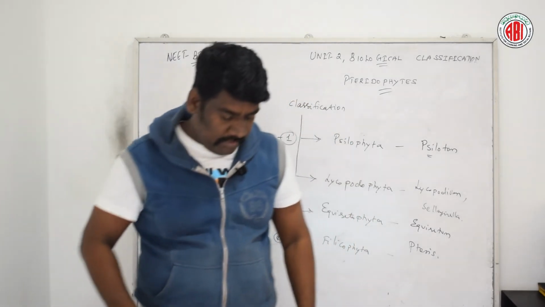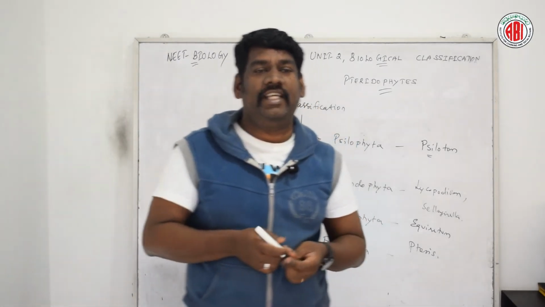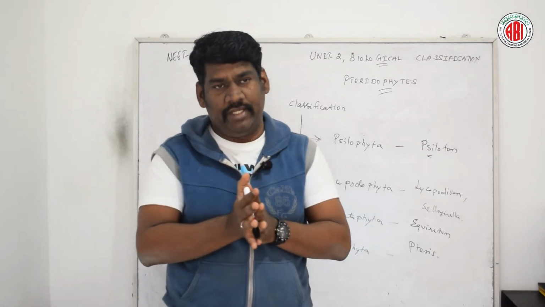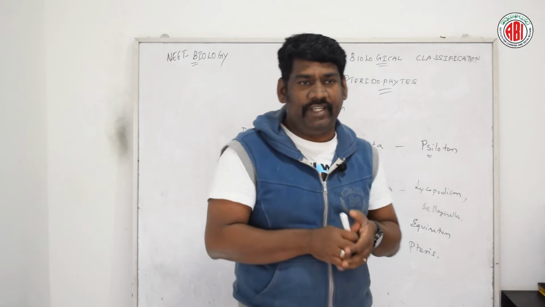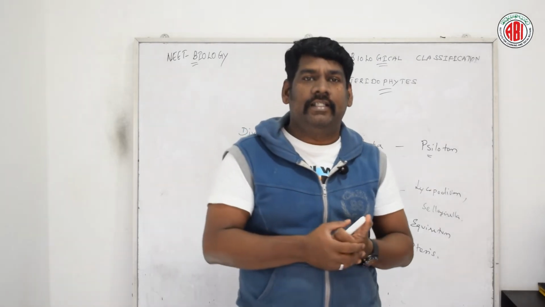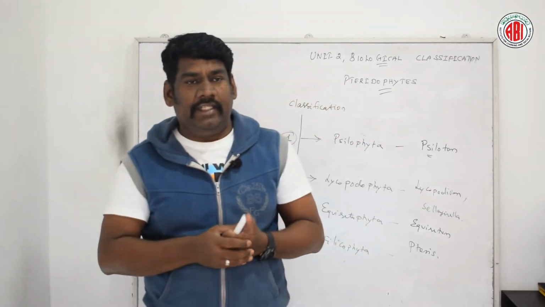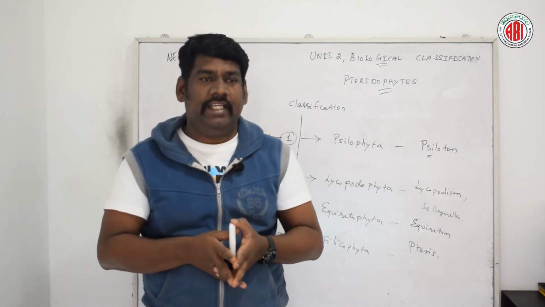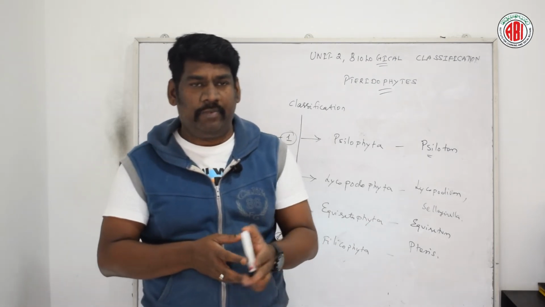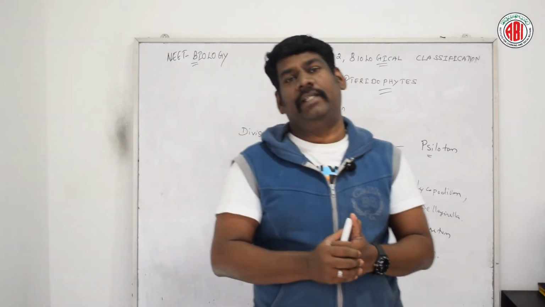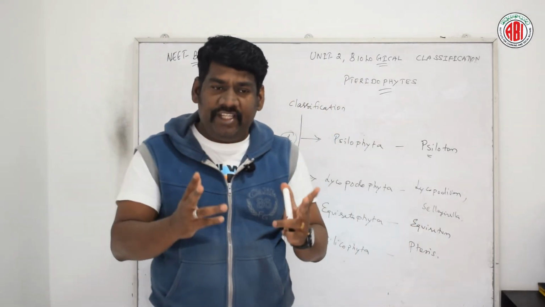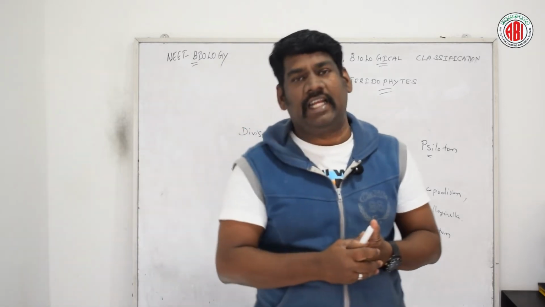Now let us talk about the life cycle in Pteridophytes, how the entire group of species belonging to the Pteridophytes turns its life cycle. In the life history of Pteridophytes, there is a typical heteromorphic alternation. Heteromorphic means that two different phases can be seen during the entire life cycle.